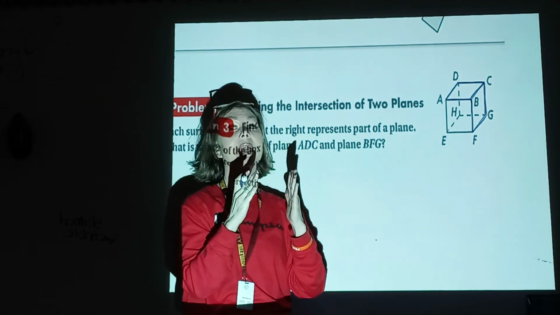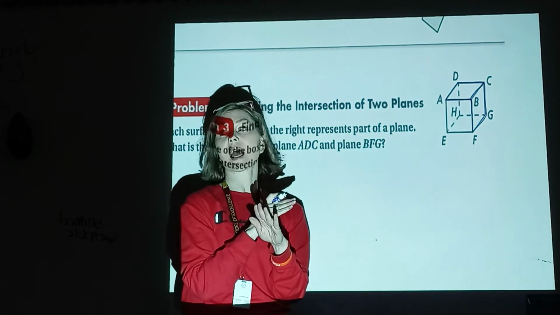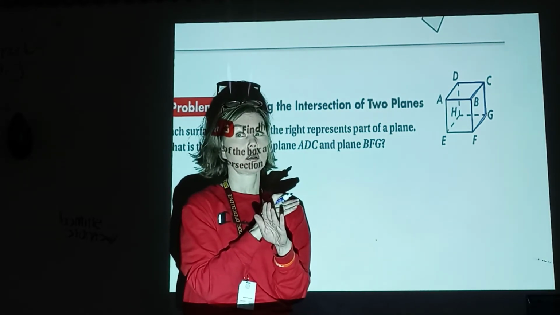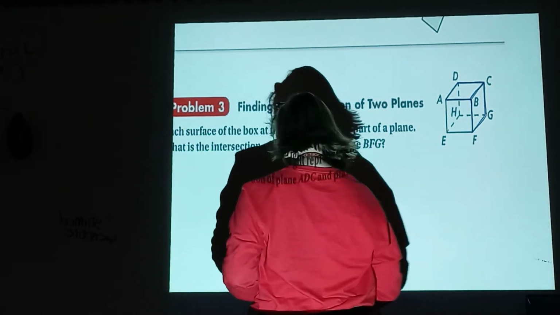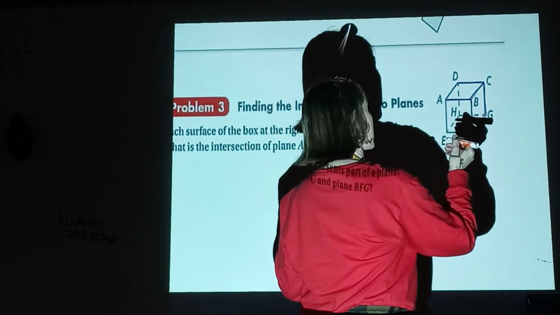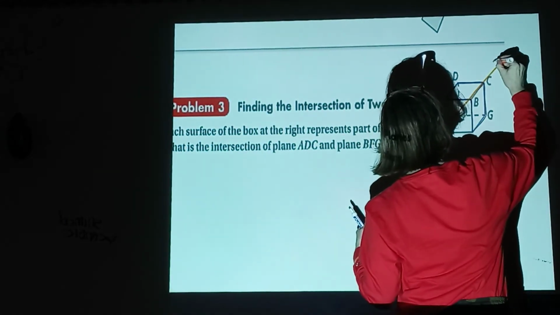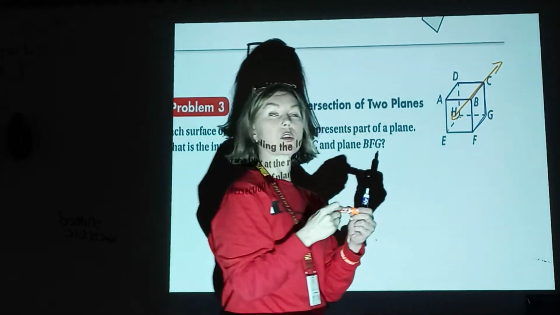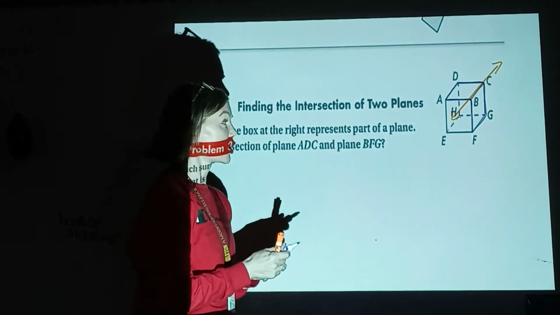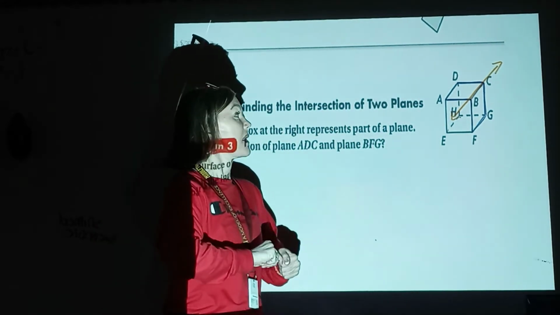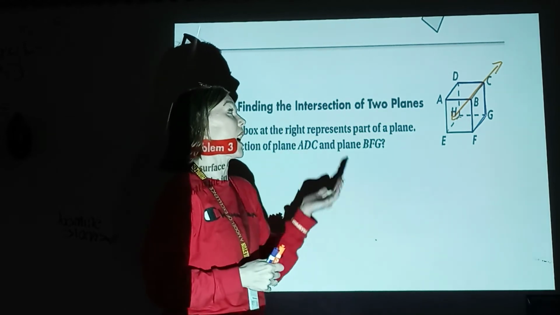Where two planes intersect, they intersect at a line. BC. So if you wanted to quickly draw that, you could. The point is that where two planes intersect, they intersect at a line.